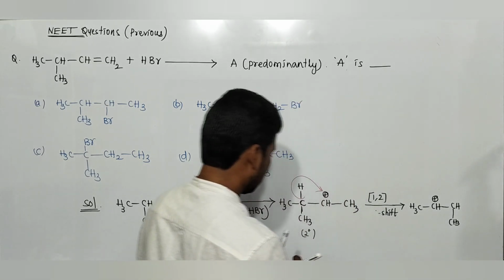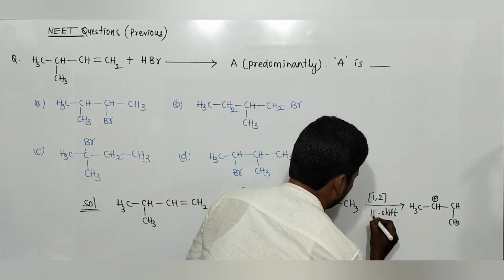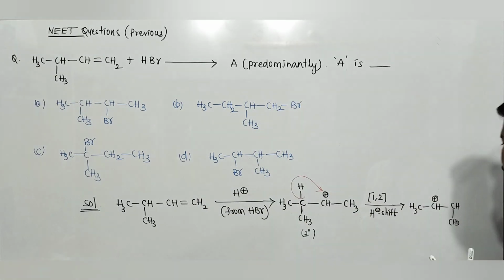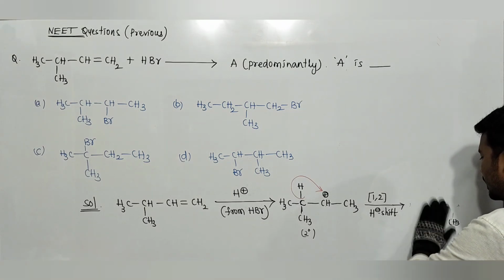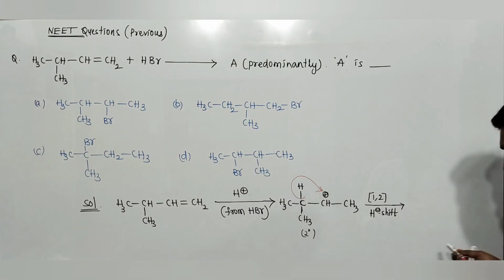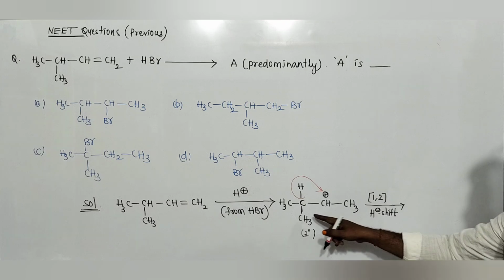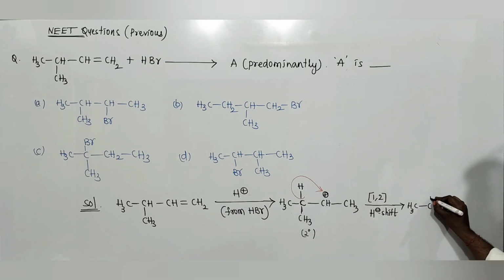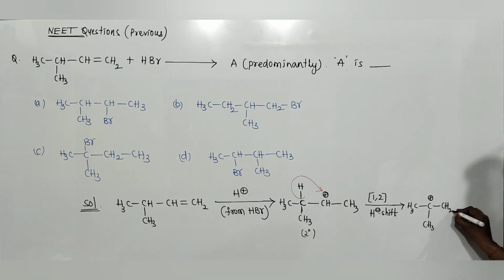That is a hydrogen shift, H minus shift, hydride ion shift takes place. By the methyl shift there is no benefit, because after the methyl shift it also becomes secondary. Here that carbon becomes positive, the methyl group remains there only. By the transfer of hydrogen here, CH becomes CH2 and this is CH3.